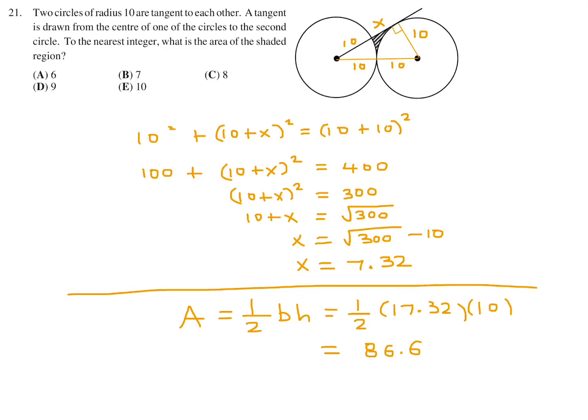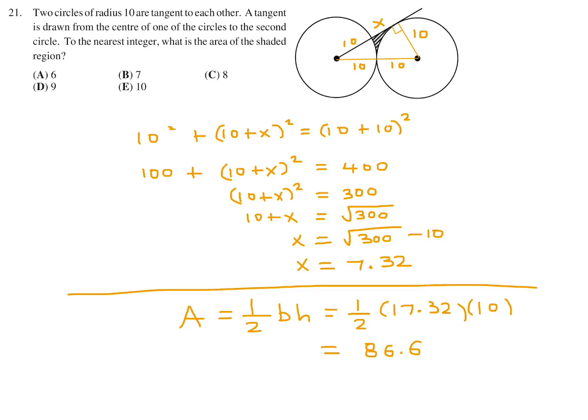All right? Now, how do we figure out that shaded region? We figured out the whole triangle. Well, if we can somehow figure out the areas of these arcs, that one and this one right here, we can subtract them from the full triangle and it will give us the area of the shaded region.